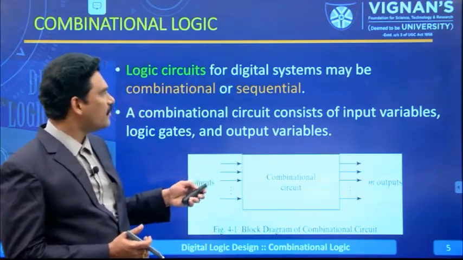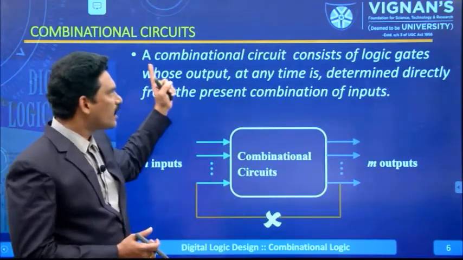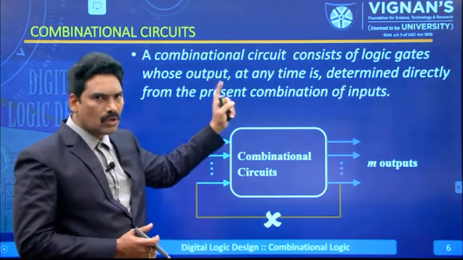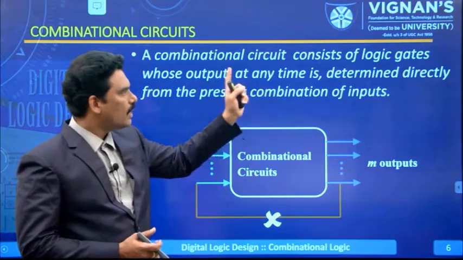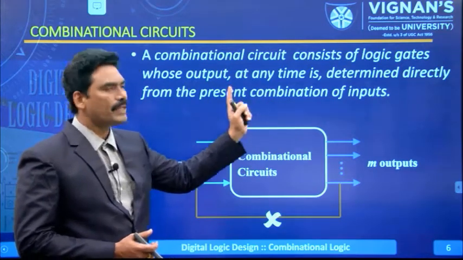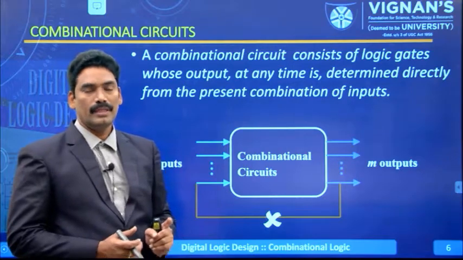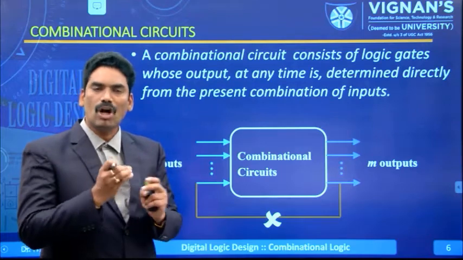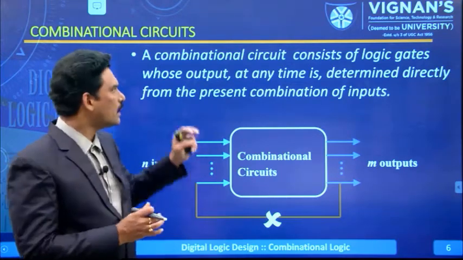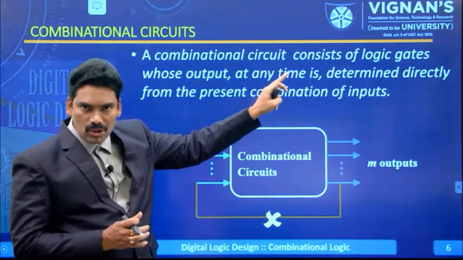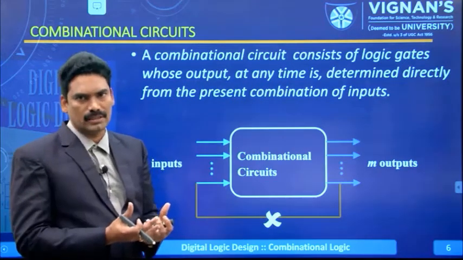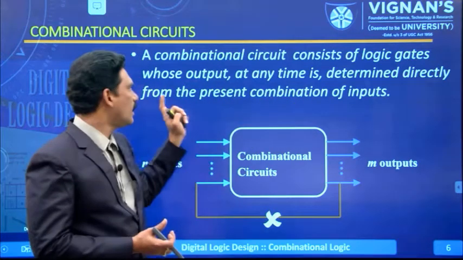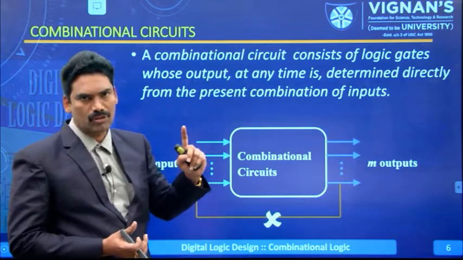The definition of a combinational circuit is: a combinational circuit consists of logic gates whose output at any point of time is determined directly from the present combination of inputs.